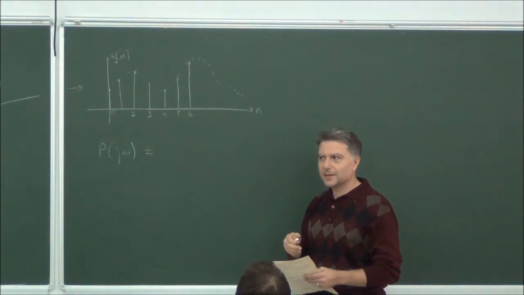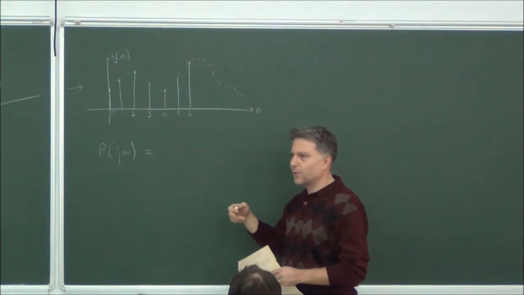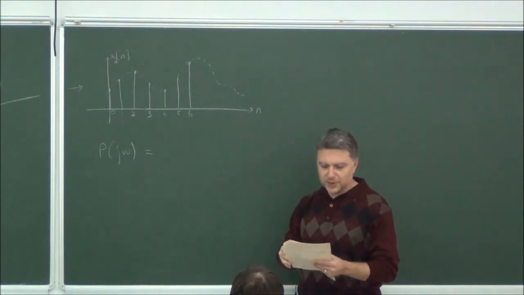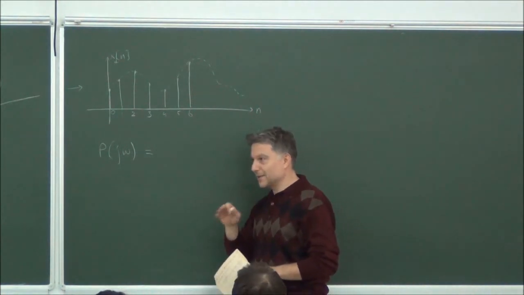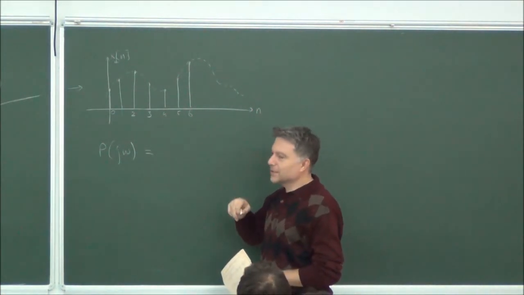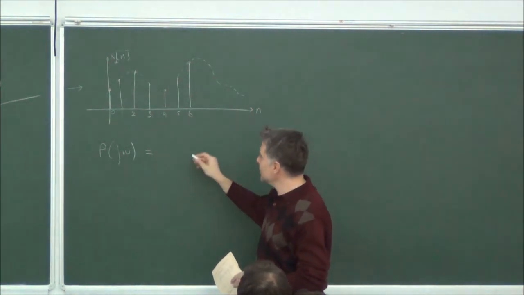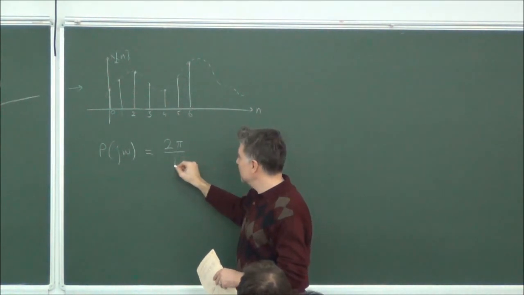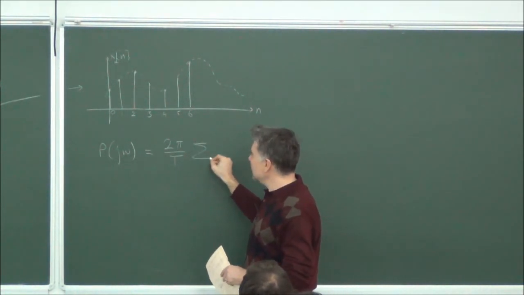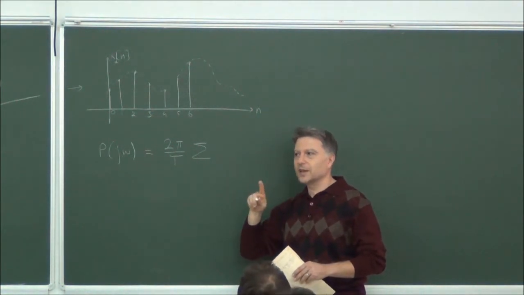Do you remember that? It comes from the Fourier series coefficients of the impulse train. What were the Fourier series coefficients of the impulse train? 1 over T, always, right? So if they are 1 over T for all Fourier series coefficients, then the Fourier transform consists of 2 pi times that, which is 2 pi over T, and we need to insert impulses at the positions of the Fourier series coefficients, which are everywhere.